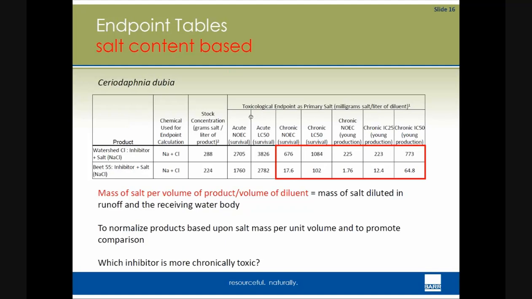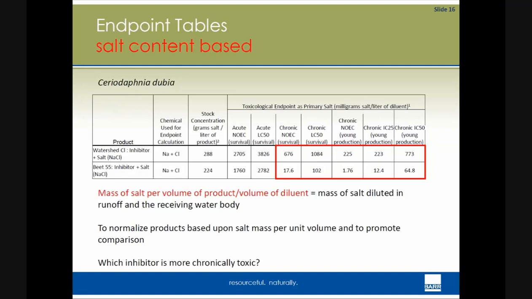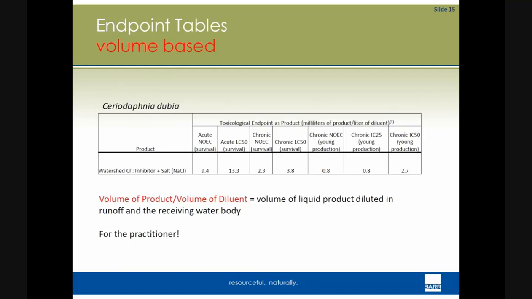Yeah, I think if we go back one slide, well, I guess slide 15 is not going to help you, but if you go back to slide 15, yes, you may want to look at those relative endpoints on a volumetric basis, and if someone else who's in the winter de-icing community has something to add to this, please do.